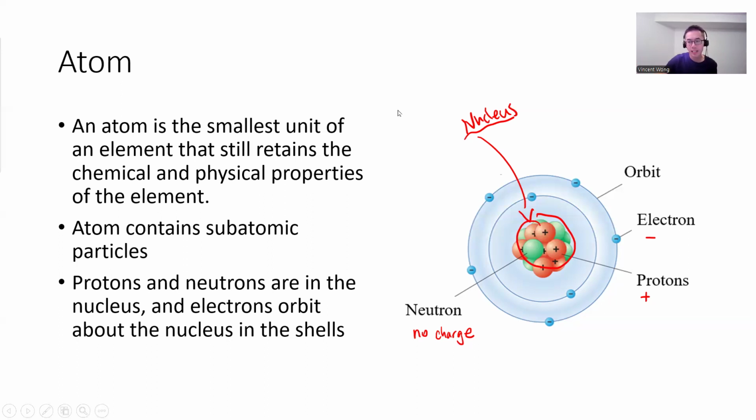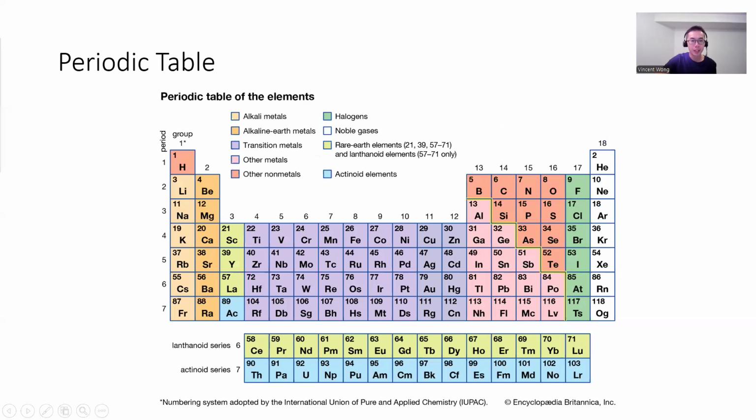So how do you know if something is an element? Right? Like if I ask you, is steel an element? How would you know? Well, you would look at the periodic table. And the periodic table lists all the elements that have been discovered so far. There are like 118-ish of them. And if it's on the periodic table, then it's going to be an element. So these are symbols, but in your chemistry class, you would have a periodic table that actually tells you what the symbols are, right?